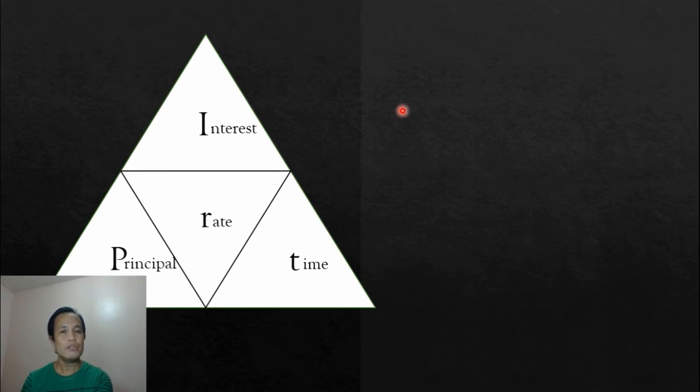So if we are going to solve for the interest, the formula to use is I equals PRT. It means I, the interest, is equal to the principal times the rate times the time. When we solve for the interest, we just simply multiply the given principal, the rate, and the time. Multiply everything, that will give us the interest.